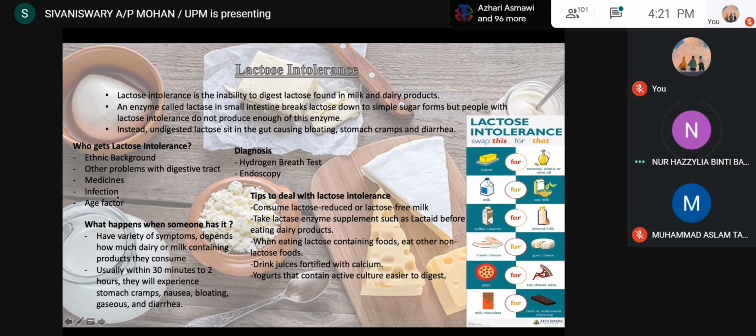And for infection, some kids can develop a temporary lactose intolerance due to infectious diarrhea, but it usually improves after a few days or weeks. For age, as people get older, their bodies usually lose the ability to digest lactose over time.